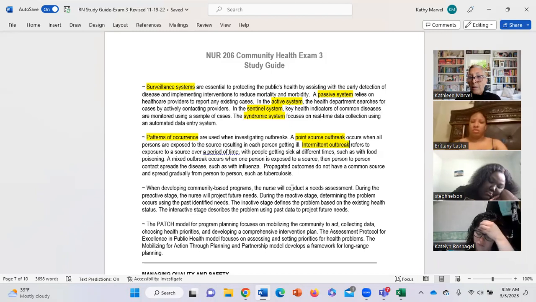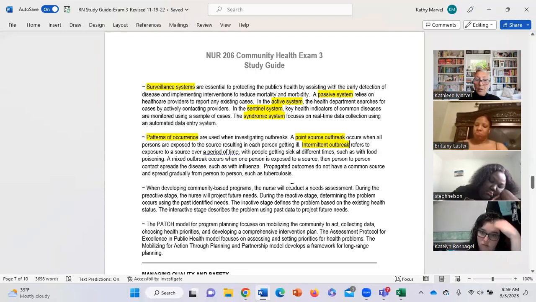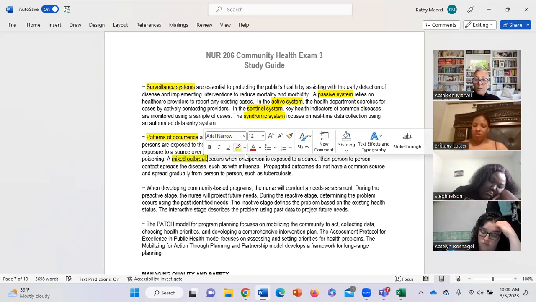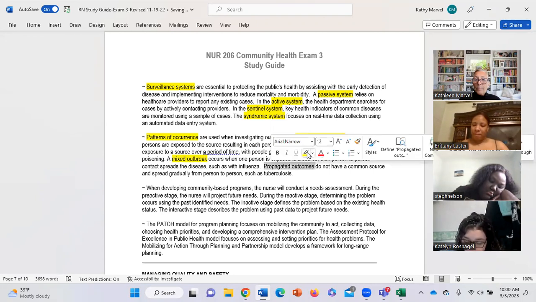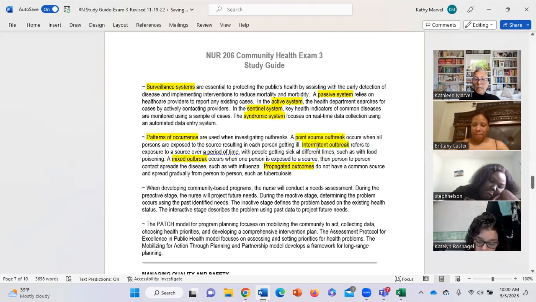We all will get sick at different times. Okay. And then it's called a mixed outbreak. That's another pattern of occurrence. And a propagated. Okay, so please know these definitions.